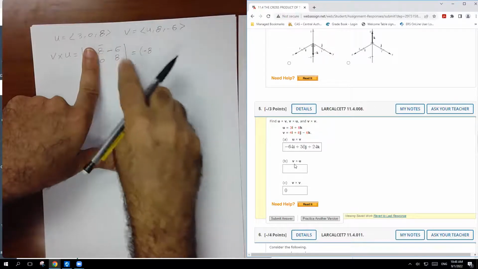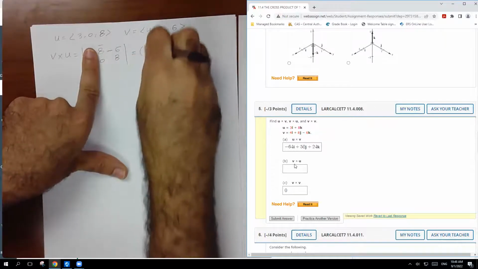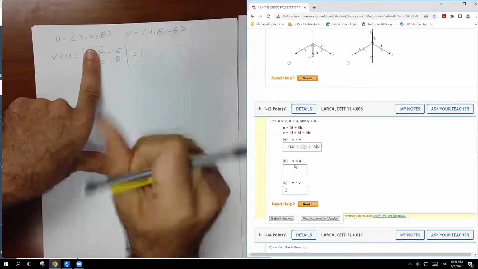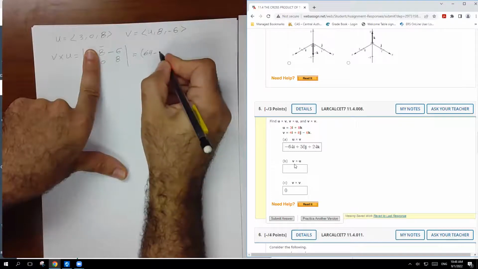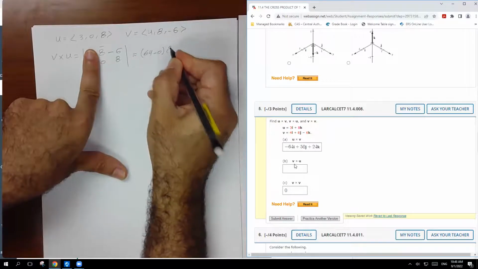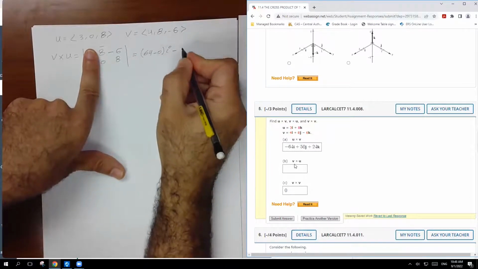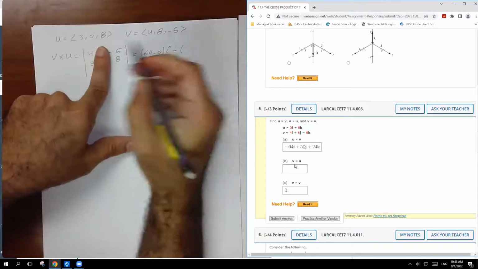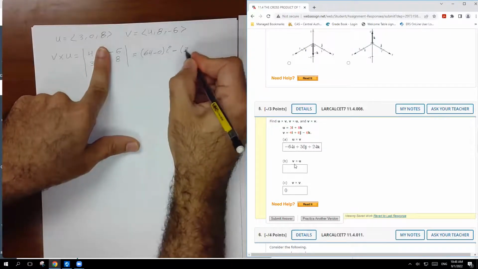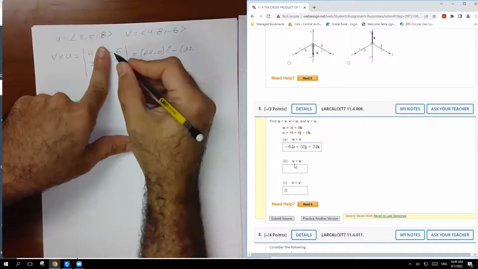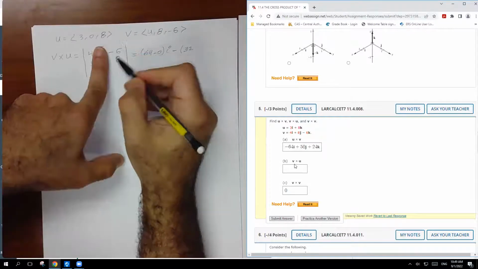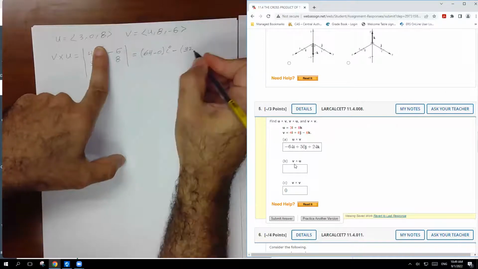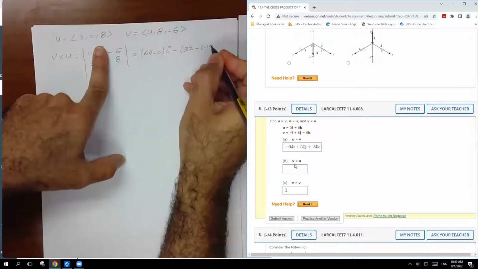For the i it's going to be 8 times 8, which is 64, minus 0. Minus, for the j, it's going to be 32, this is negative 6, so 32 minus negative 18.